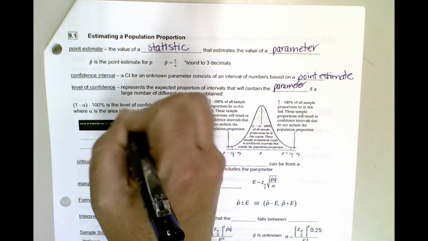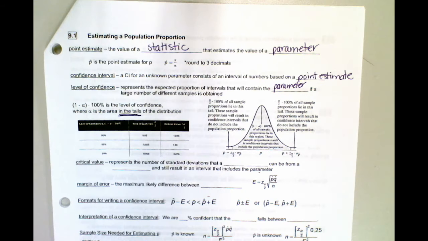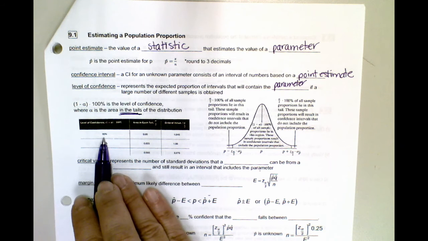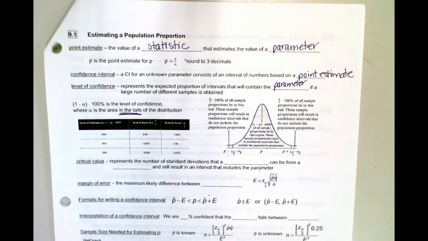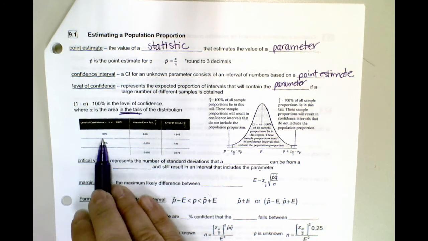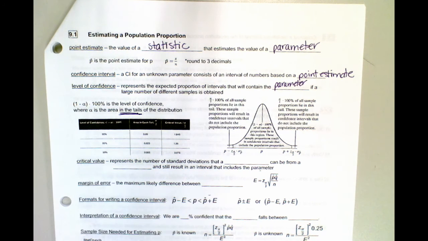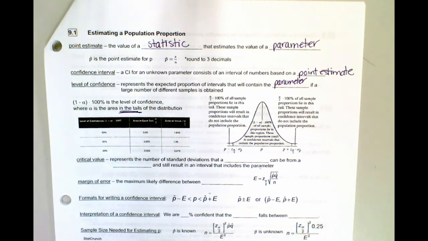in the tails. So the tails are the far ends. And so if you are to be 90% confident, then that means that the area in each tail, because there's one on each side, is 0.05. Because basically the level of confidence is the area in the middle. So if 0.9 is in the middle, that means there's 0.1 left to divide evenly between 2 tails.